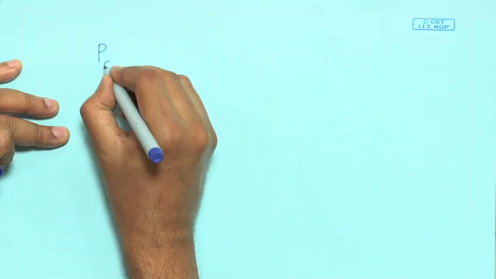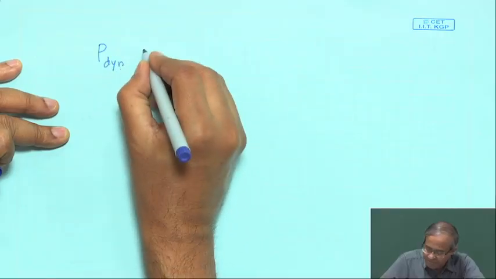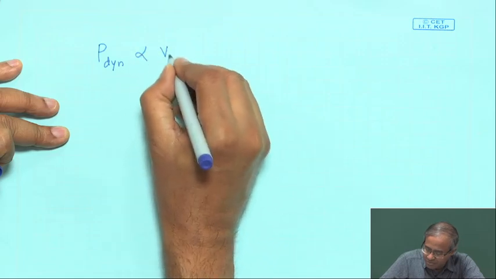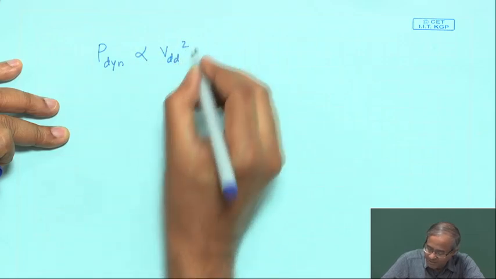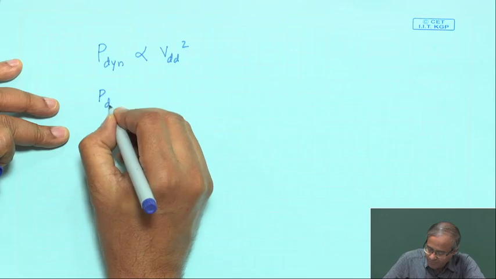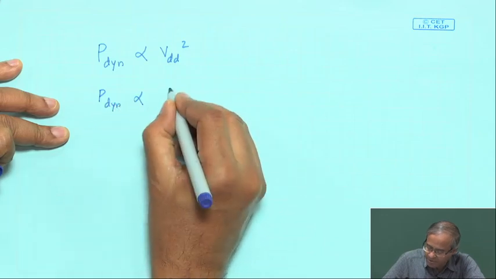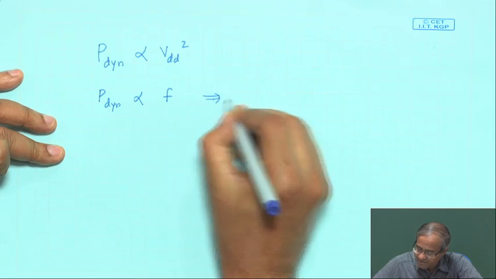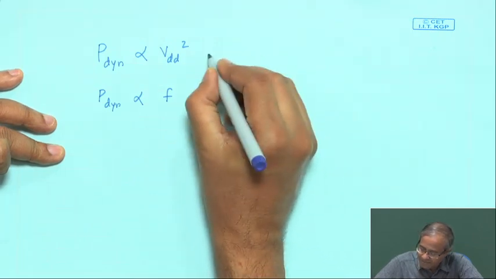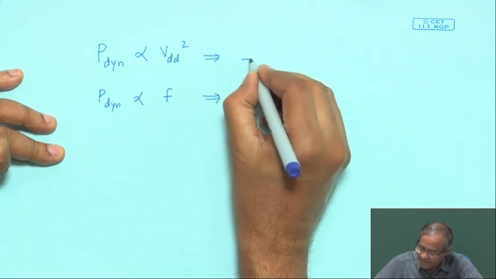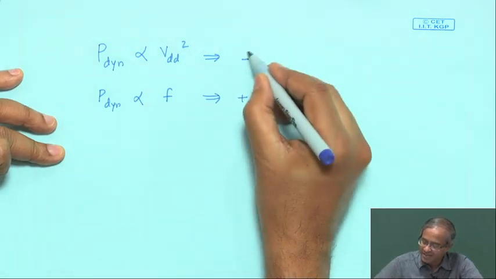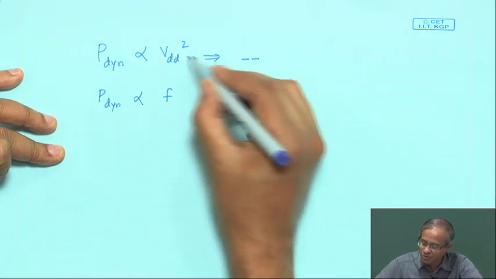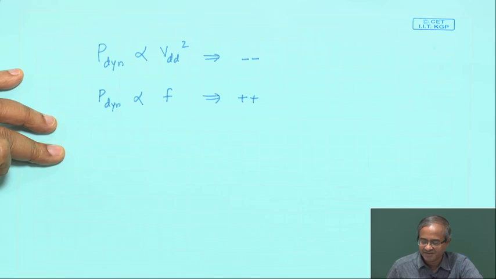So, there are many approaches you can use, because the point to note is that the power dissipation, particularly the dynamic power dissipation, is proportional to the square of the voltage, and it is proportional to the frequency. So, if you increase the frequency, but if you decrease the voltage, the impact of this decrease will be much more, because it is proportional to the square of that.